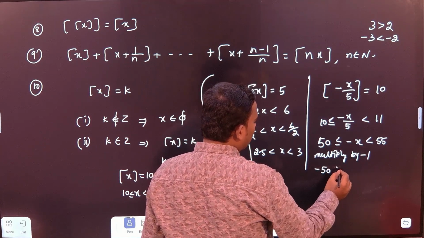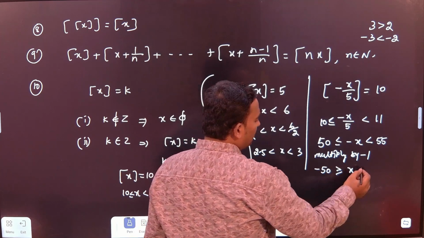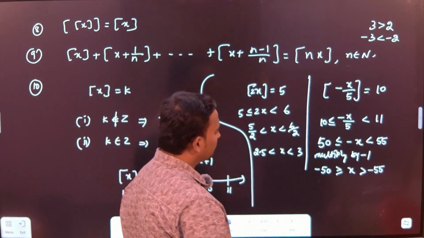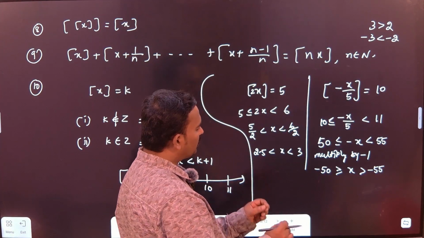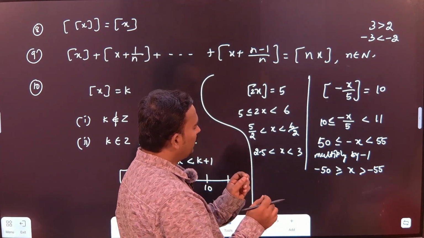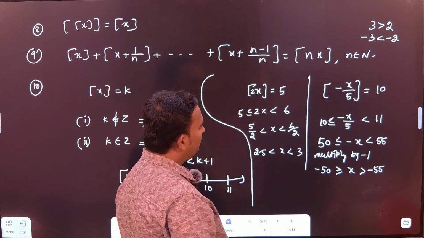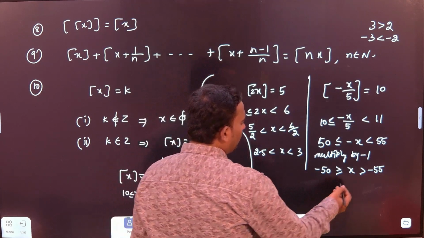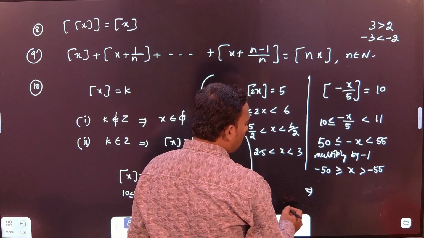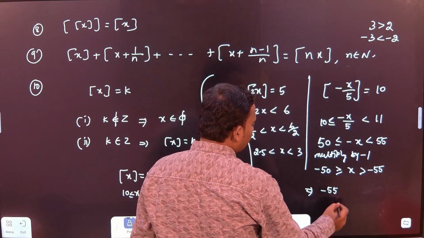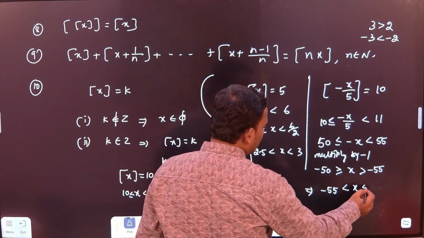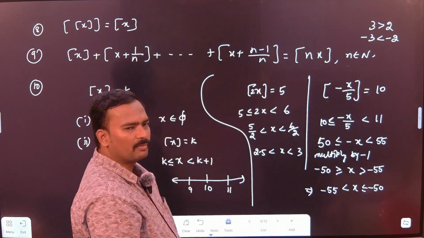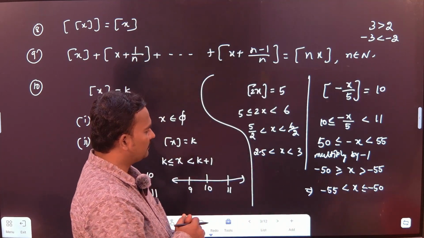Minus 50 is greater than or equal to x, strictly greater than minus 55, right? So when you rearrange it, the smallest one you write first: minus 55 less than x less than or equal to minus 50. Clear? I hope everyone understands, right?